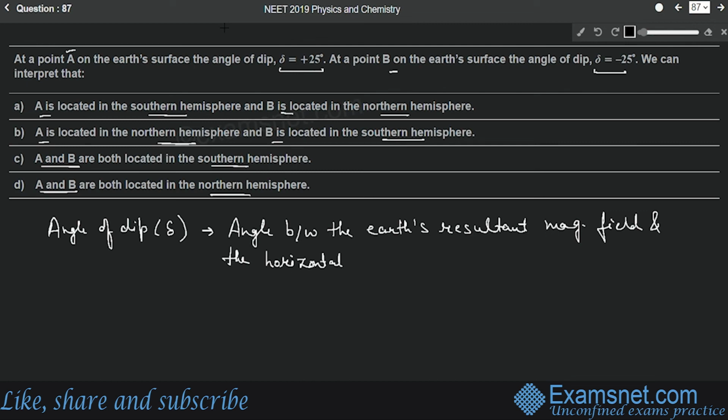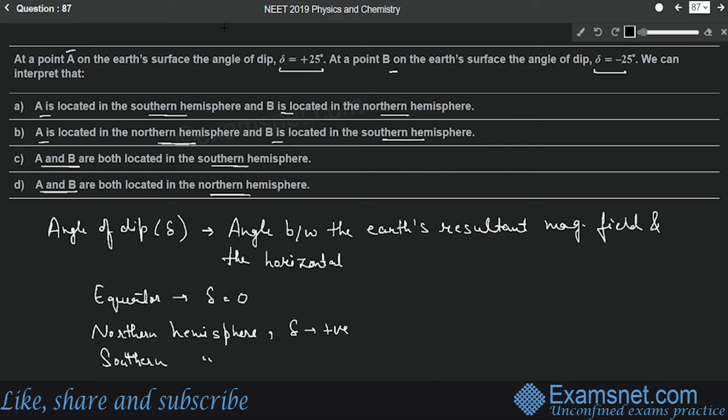Now what is the value of angle of dip? The angle of dip at equator is assumed to be 0. If we talk about the northern hemisphere, then here the angle of dip is said to be positive, whereas in the southern hemisphere, the angle of dip is assumed to be negative.